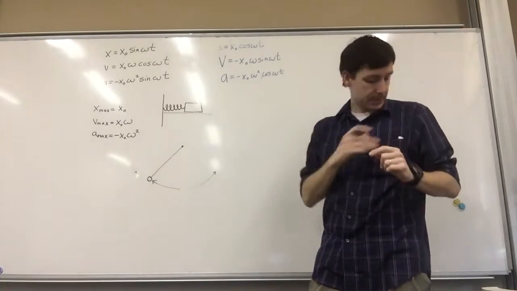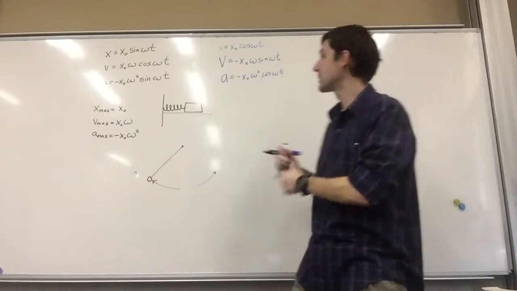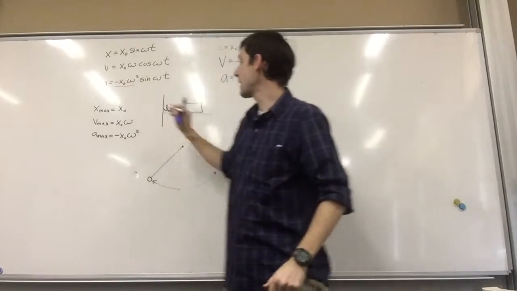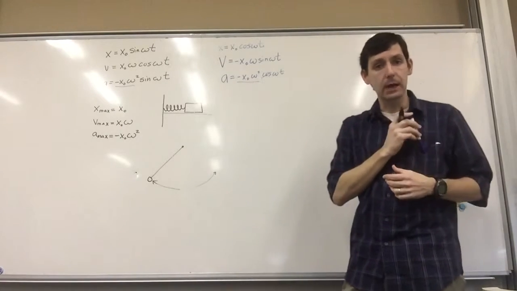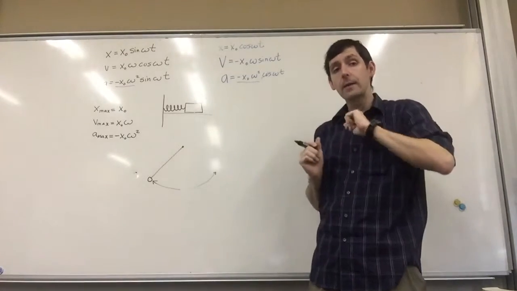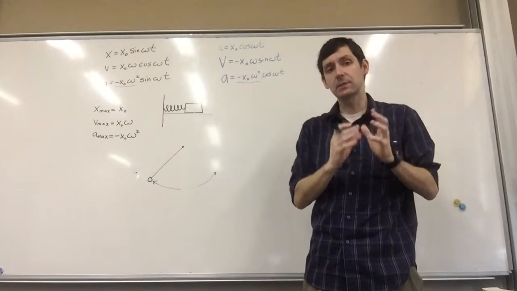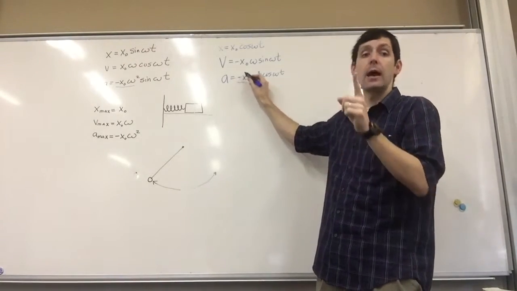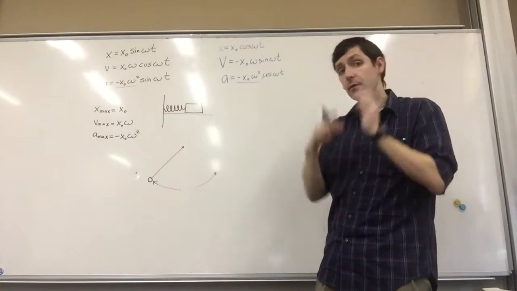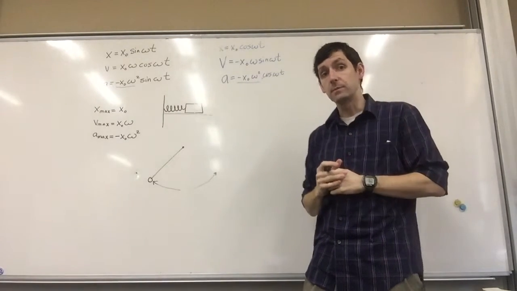Now you'll notice that in both situations, the maximum is a equals negative x naught omega squared. That's important because the maximum acceleration is always going to be opposite in direction and yet proportional to the magnitude of the maximum displacement.